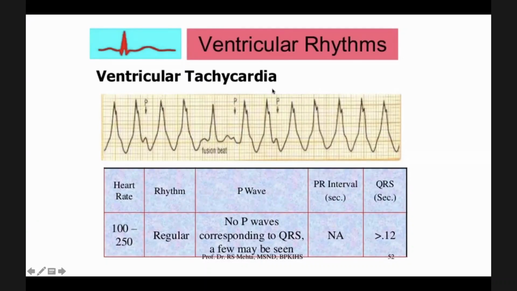But the tendency now is to go for amiodarone because it is very safe, and you can use it whether it's a normal heart or a structurally diseased heart, as a bolus followed by an infusion. If the patient is in cardiac arrest or hemodynamically unstable with heart failure or low blood pressure, you have to do DC cardioversion.